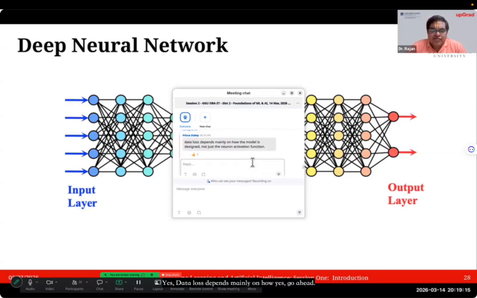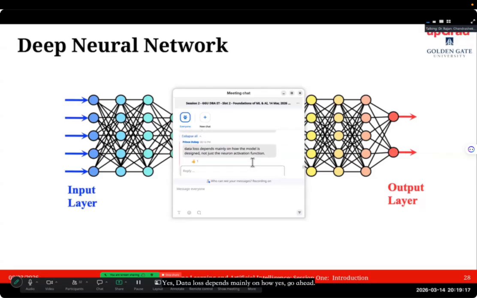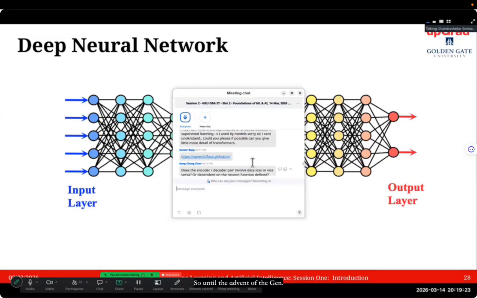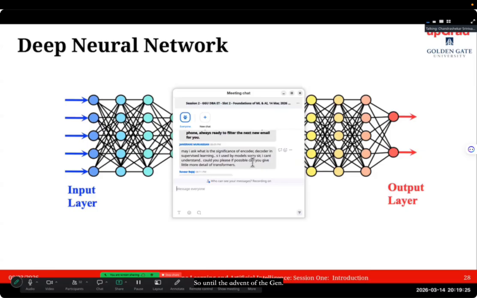Yes, go ahead, please. So Rajan, until the advent of Gen AI and deep neural networks, whatever data was available on the World Wide Web was real data for a good part. People shot pictures, posted them. They were real videos. And now there is a lot of generated content.